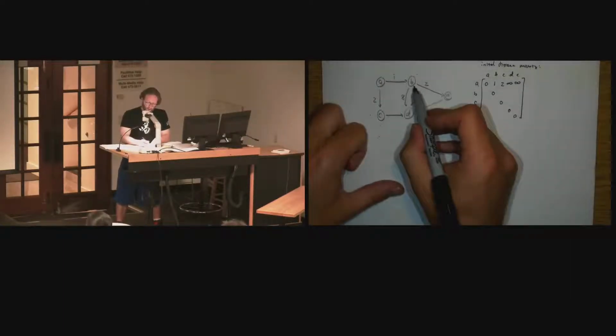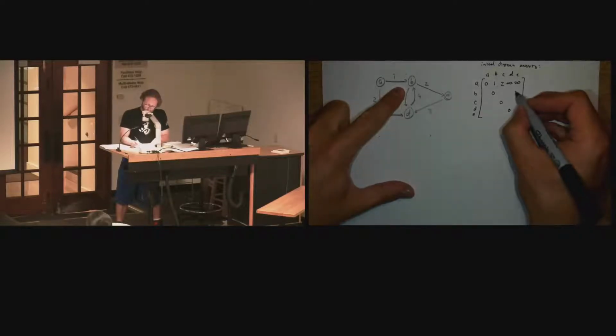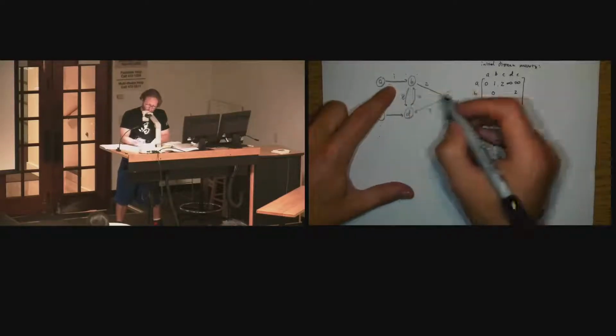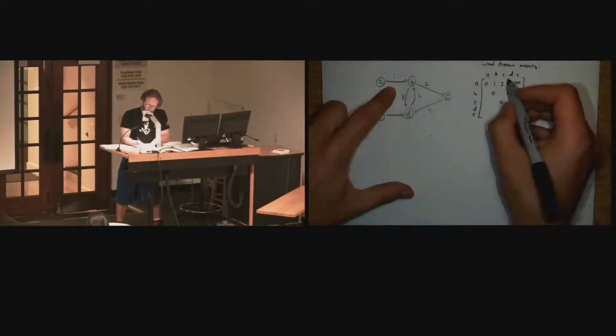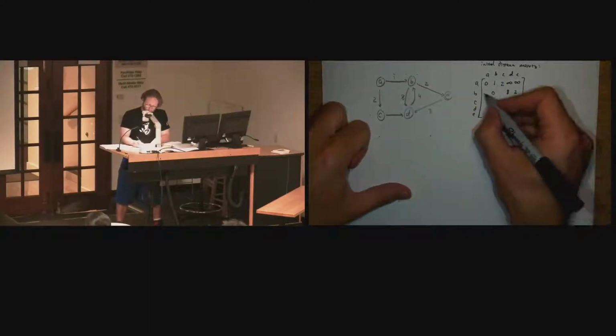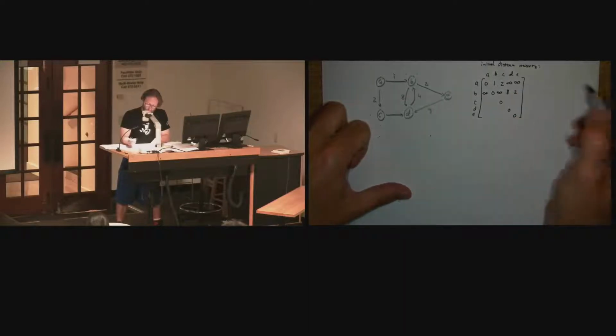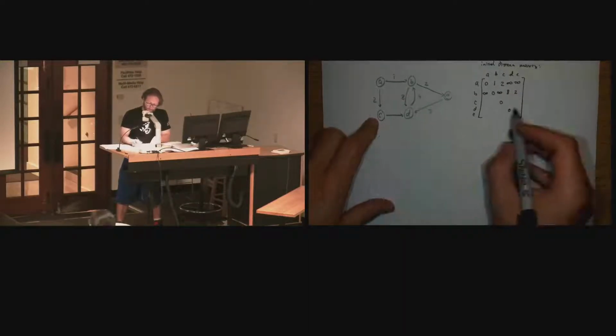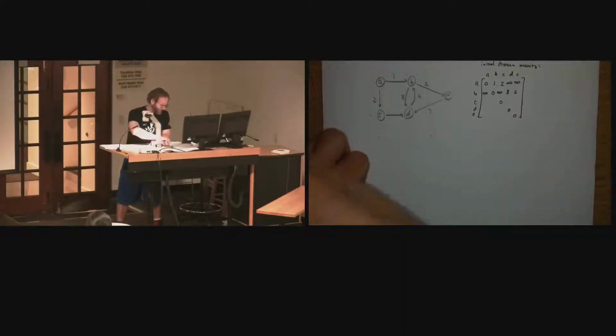All right, B, I can go to E at a cost of 2. I can go to D at a cost of 8. But can I go to C or A? Nope. So infinity, infinity. C, I can go to D at a cost of, and I didn't write it down, it was 5.